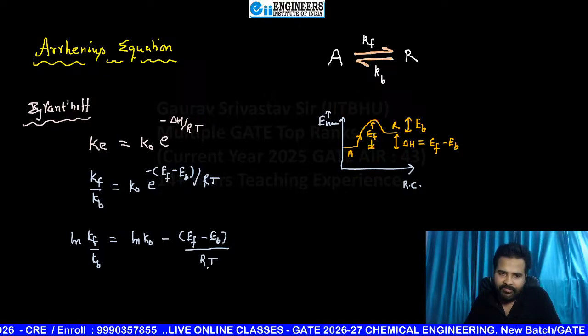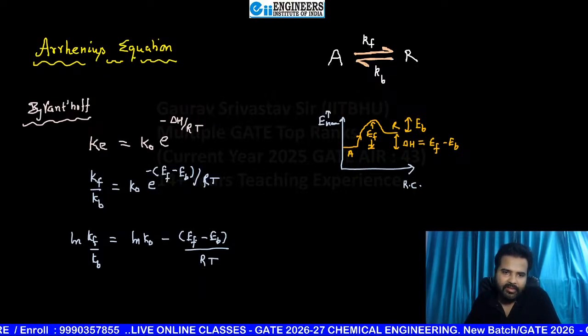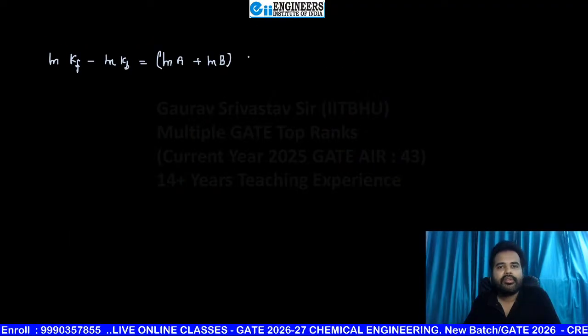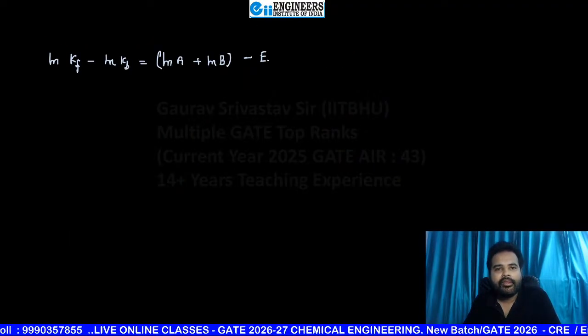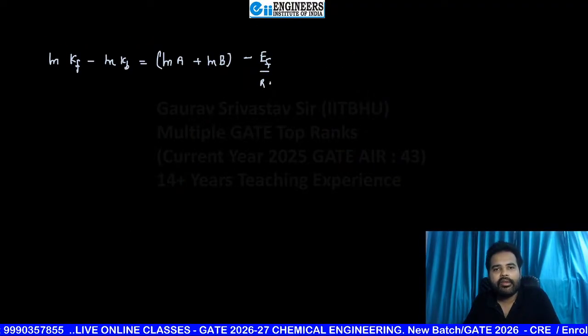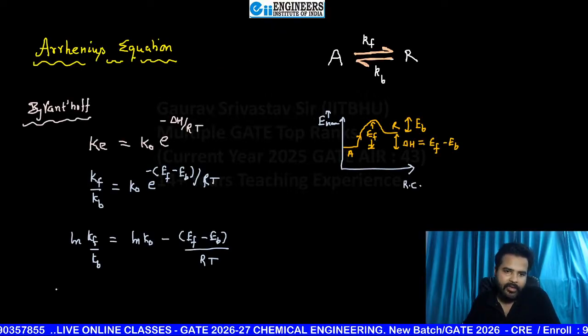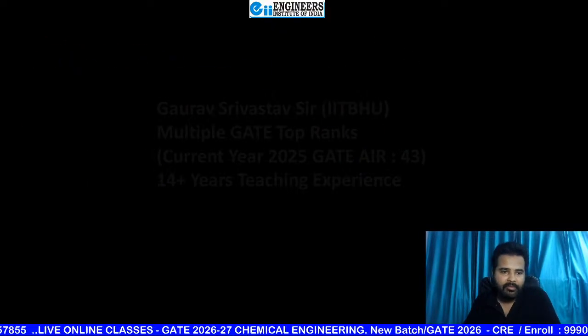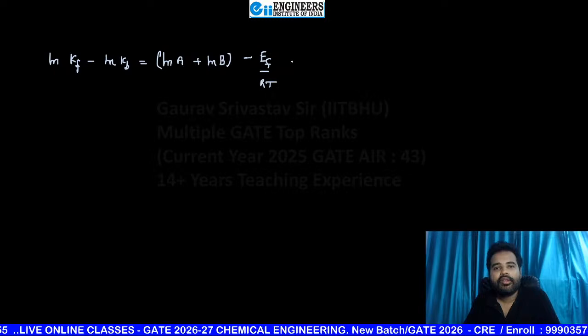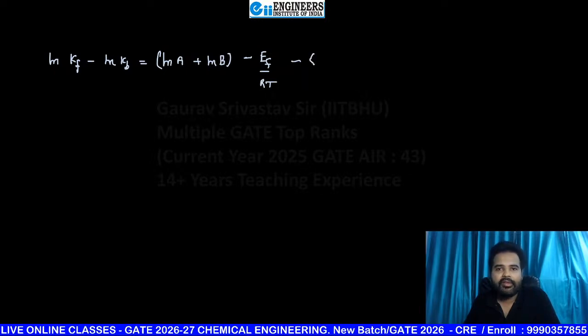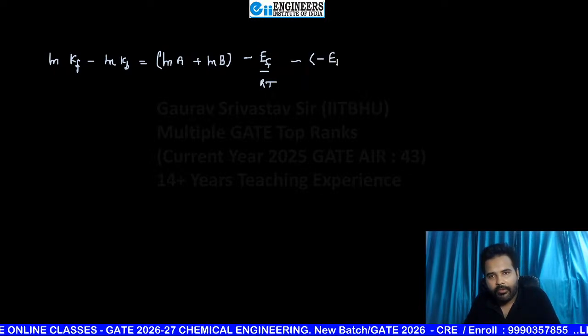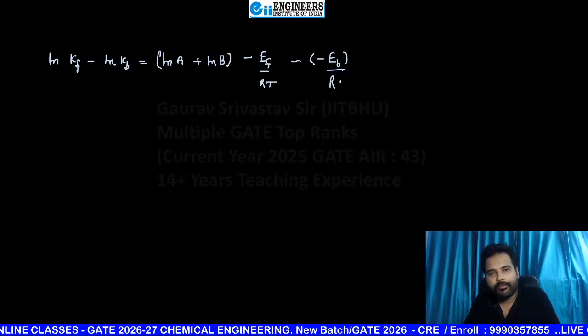And minus Ef by RT, and the second one, minus Ef by RT, and minus minus will make it plus, so I am writing minus of Eb by RT.